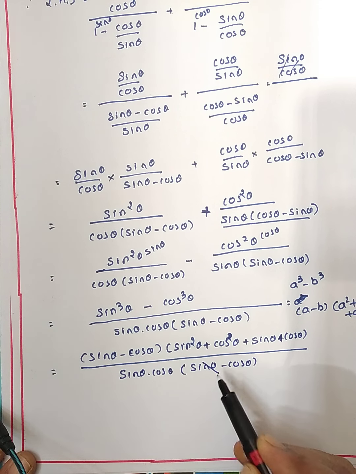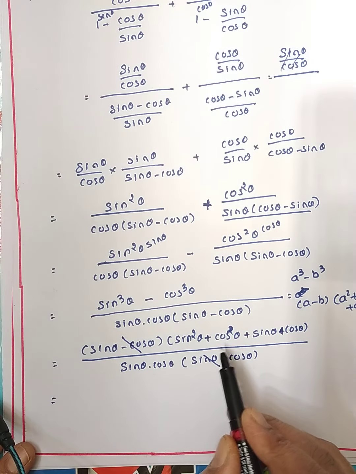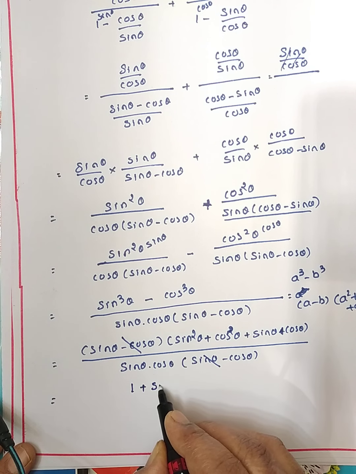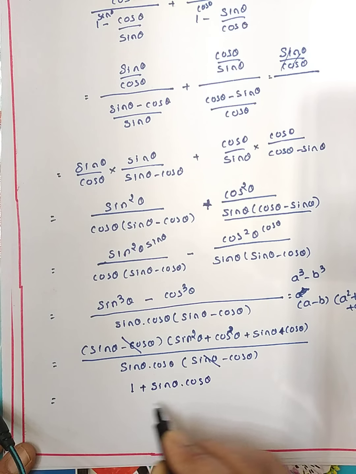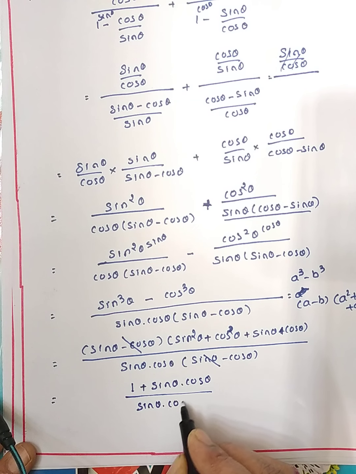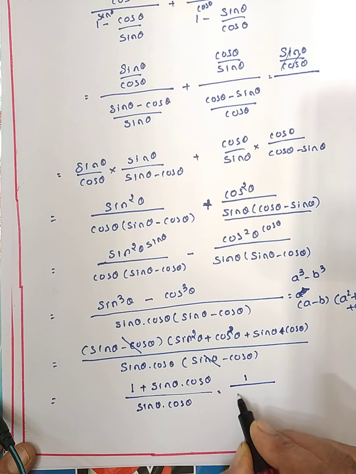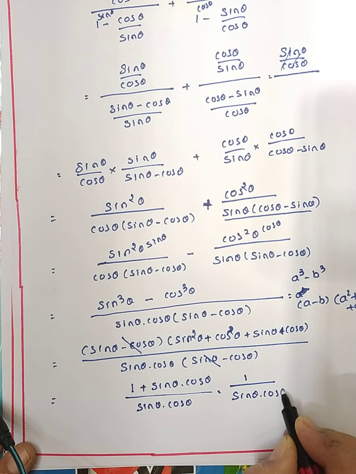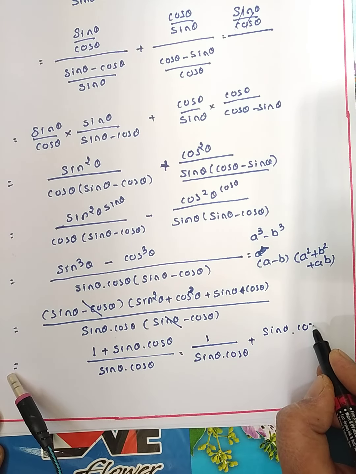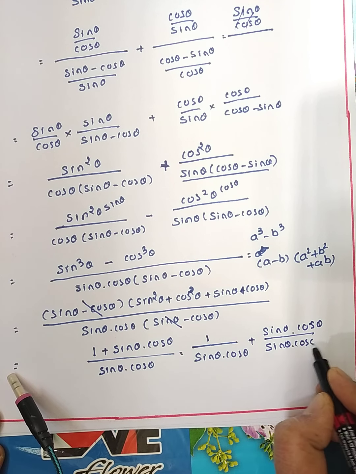Now sin theta cos theta gets cancelled here, and remaining is sin square theta plus cos square theta, which is 1, plus sin theta cos theta. In the denominator, this is sin theta cos theta. We will simplify as 1 upon sin theta cos theta plus sin theta cos theta by sin theta cos theta.